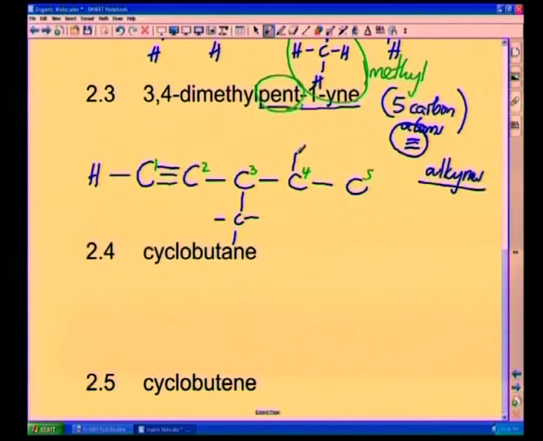Why both of them? Because it says dimethyl. Di means 2. And it says on 3 and 4, 3,4-dimethyl. So on 3, I've got a methyl group, and then on 4, I also have a methyl group.